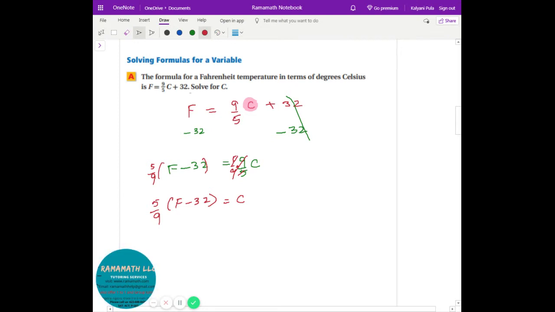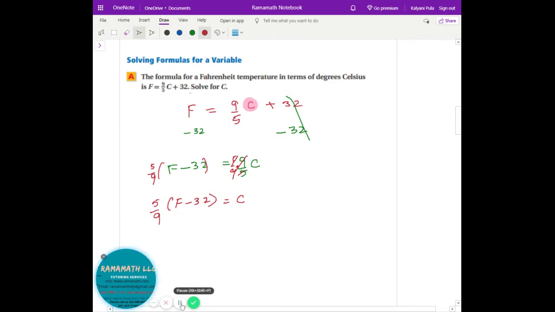Good? And on this side I'm left with the 9/5 C. But I need to get rid of the 9/5, so I'm going to multiply by 5 over 9. So it crosses out, crosses out. Here I'm left with C, and then here 5 over 9 times F minus 32. So when I see that C is alone, yes, that's good. I'm done with the question, because I need to solve for C.